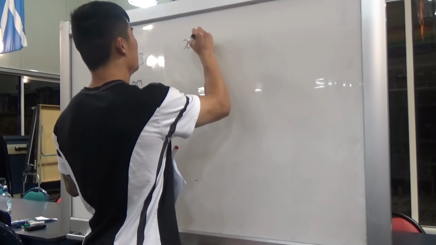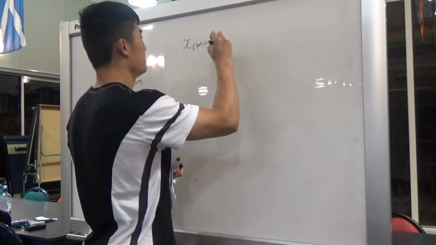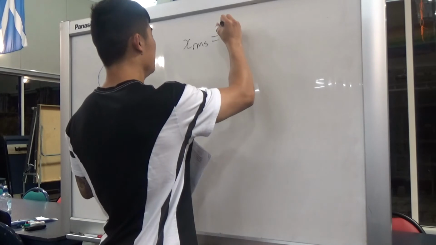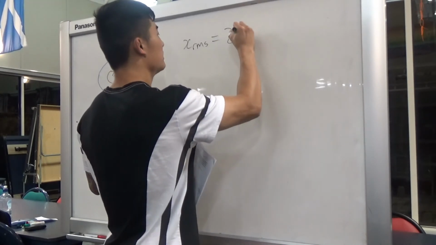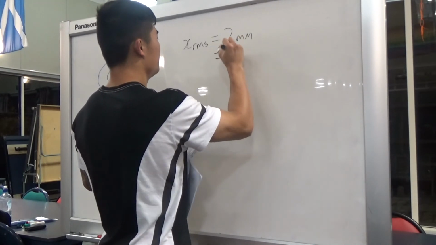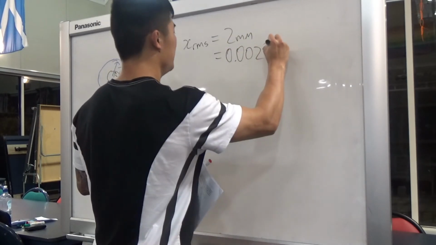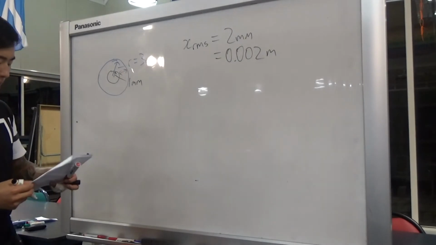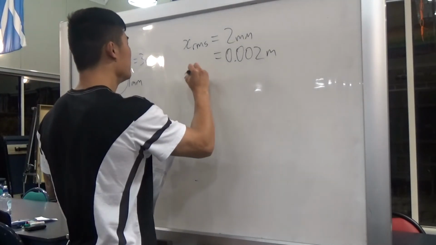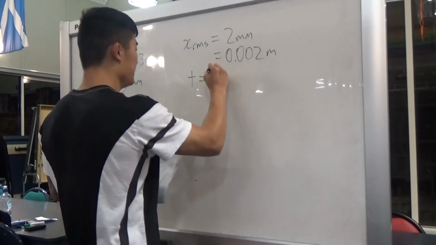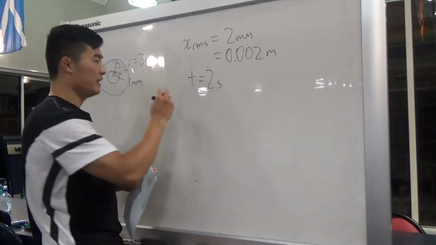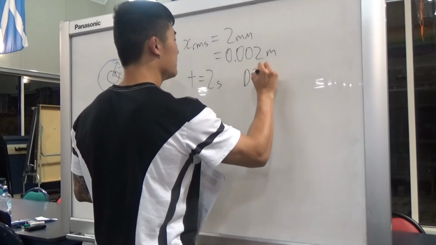So x RMS, the average distance traveled, is equal to 2 millimeters, which is equal to 0.002 meters. And we know that the time was equal to 2 seconds. So we can calculate the diffusion constant.